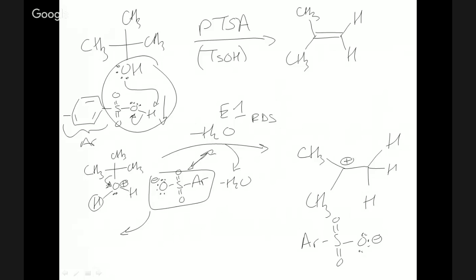Now, in principle, the loss of water is reversible. But what can happen is this anion is not going anywhere. It's a spectator anion. What can happen is water can act as a base to give you product and byproduct. The byproduct is the protonated form of water.